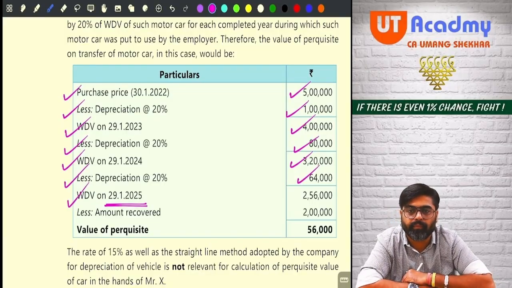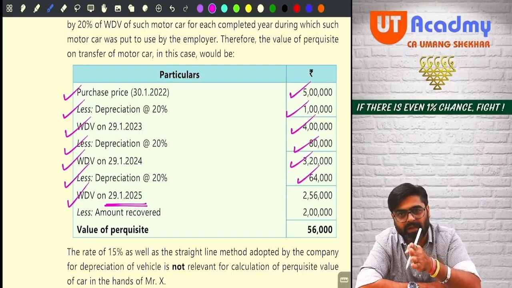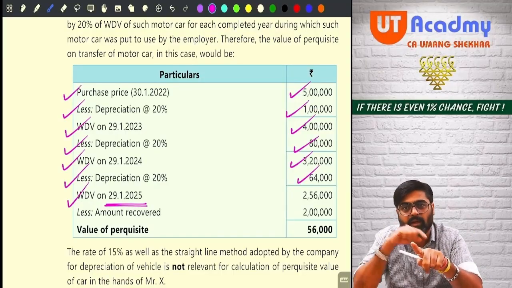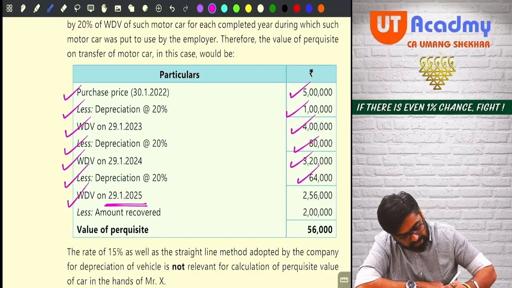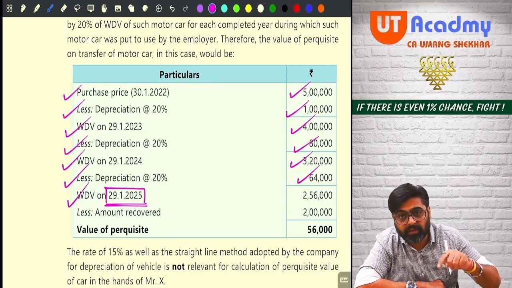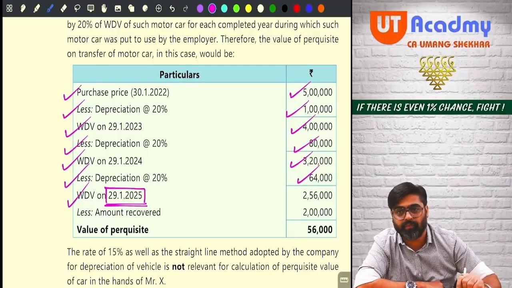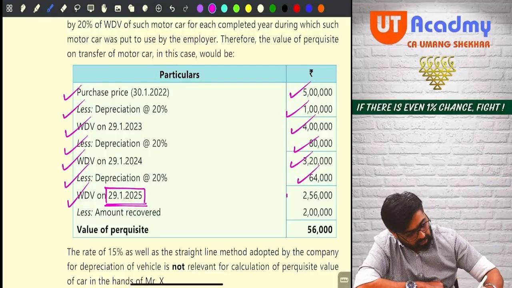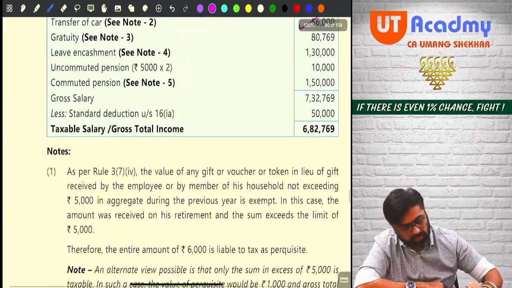From 30th January to 29th January, 1 year will be completed, and again from 30th January, the second year will start. Getting my point? So on 29th January 2025, the WDV was this much, and this car was given to you on 31st January 2025 for rupees 2 lakh. So 2 lakh was paid, and 56,000 will be the perquisite value. And this 56,000 will be taxable.